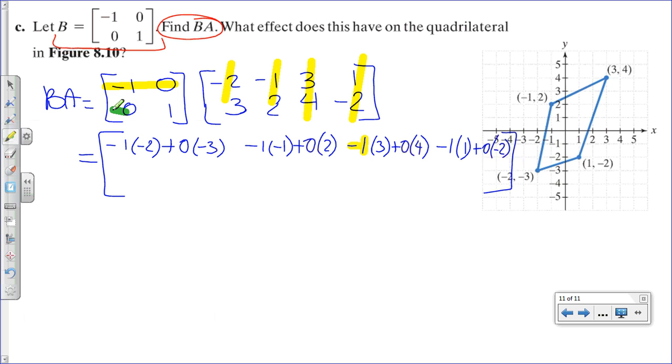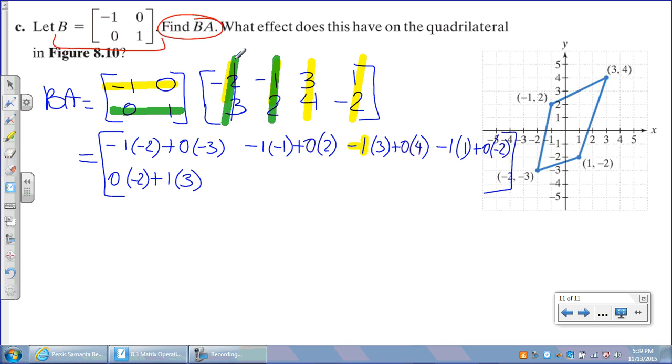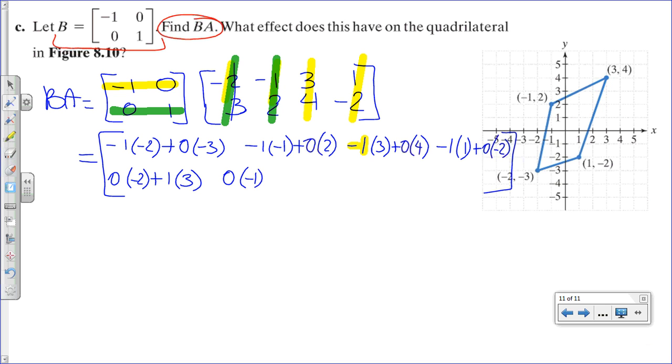let's go to the second row. So it will be 0 times negative 2 plus 1 times 3. First column. Then we move to the second column, still on the second row. So we'll have 0 times negative 1 plus 1 times 2.